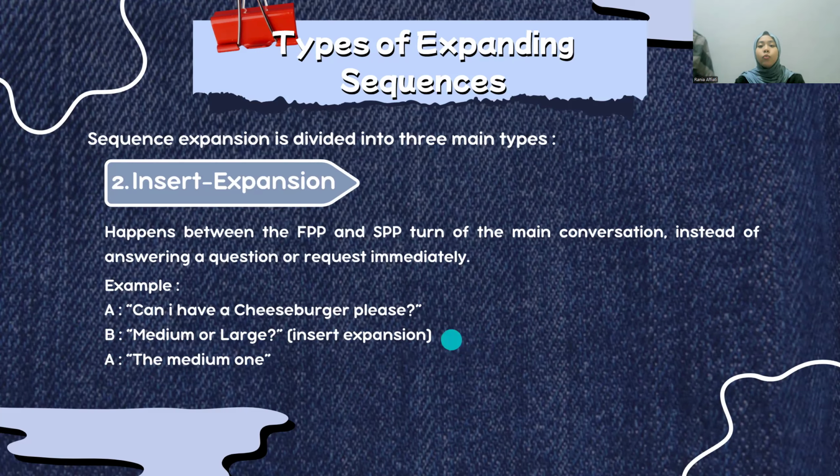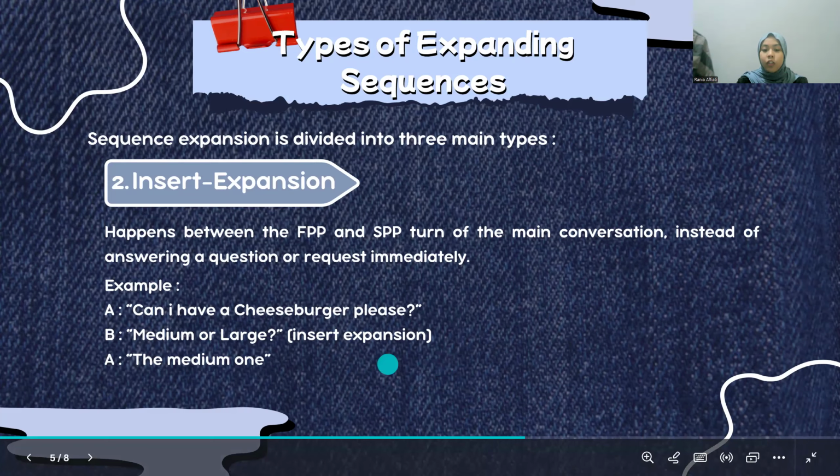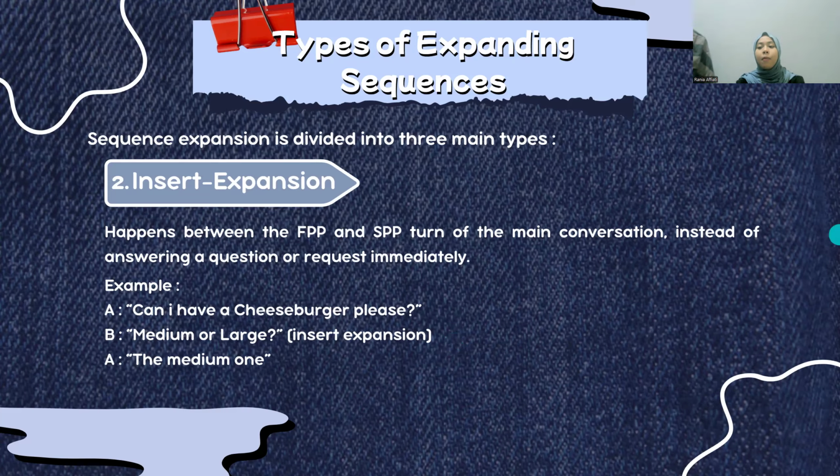Because the cheeseburger has more than one size, and speaker B just wants to check what size speaker A wants to order. Is it medium or large? So that's how insert expansions could happen while doing conversations.